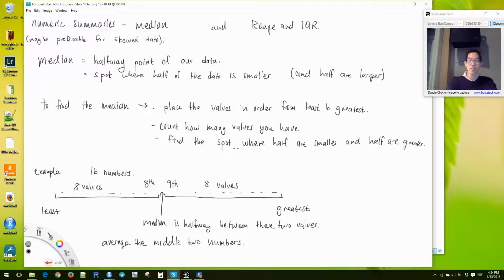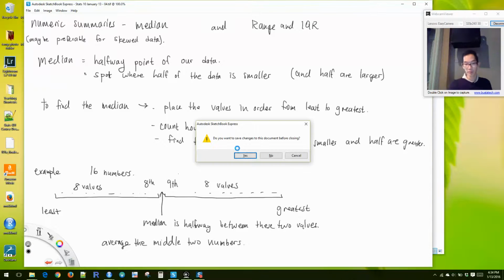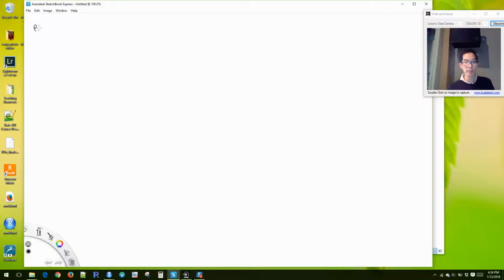The other case that we have to worry about is if we have an odd number of numbers. So let's say we have 17 numbers. With 17 values, again, you arrange these from least to greatest, and you'd say 17 divided by 2 is 8.5.